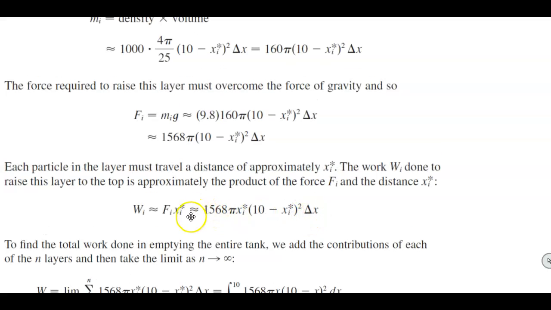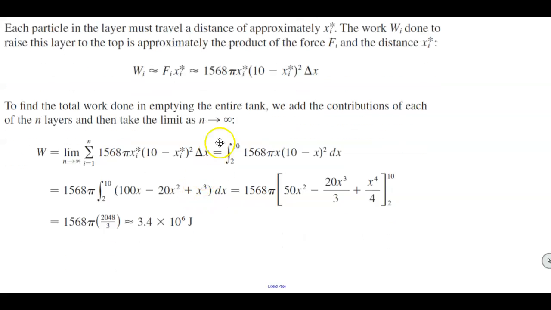And so to find the total work done in emptying the entire tank, we add the contributions of each of the n layers and then take the limit as n approaches infinity. So the work is equal to the limit as n approaches infinity of the sum from i equals 1 to n of that function, which is the integral from 2 to 10 of 1568 pi x times 10 minus x squared dx. Then we can go ahead and solve that integral.